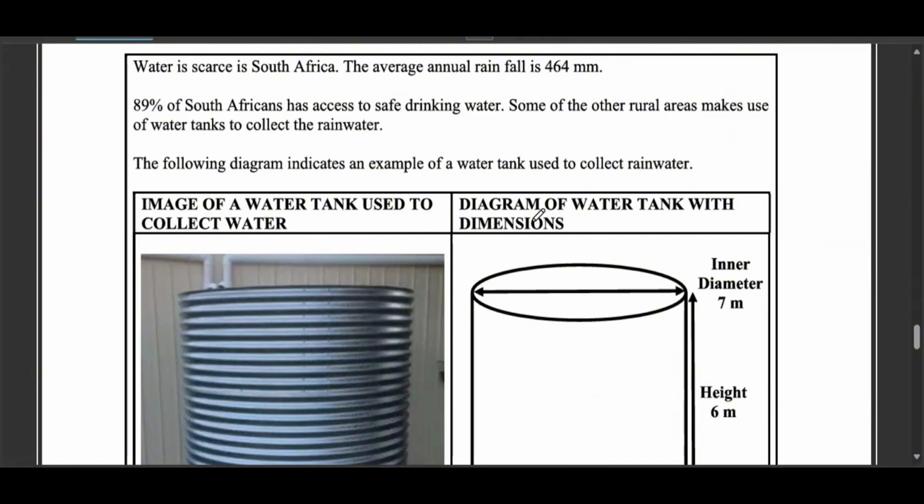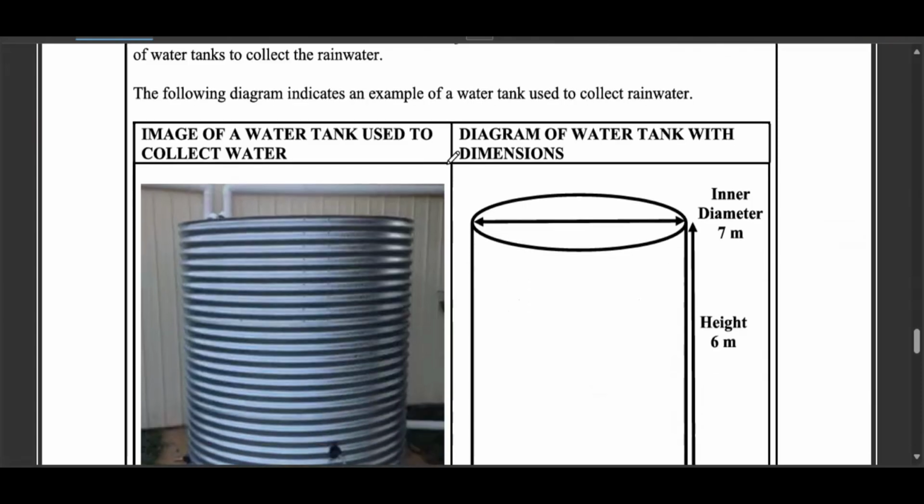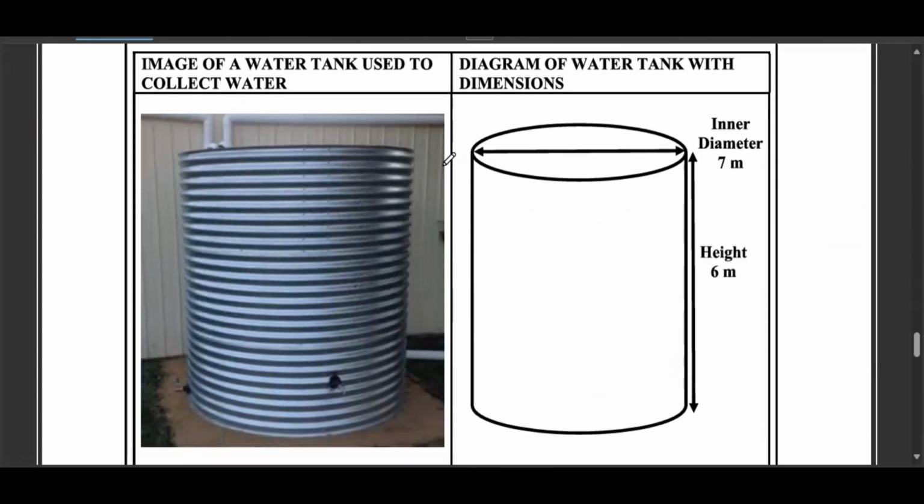Some of the rural areas make use of water tanks to collect the rainwater. The following diagram indicates an example of a water tank used to collect rainwater. So one side we have a diagram and the other side we have a picture.